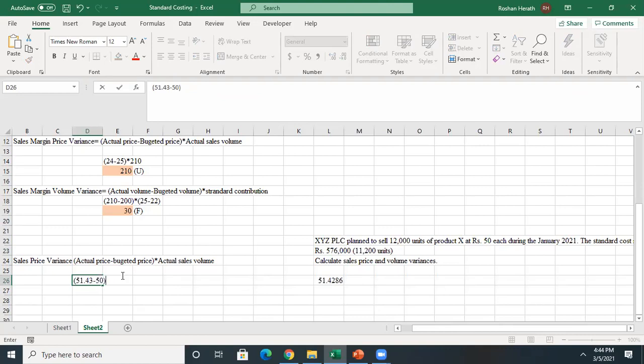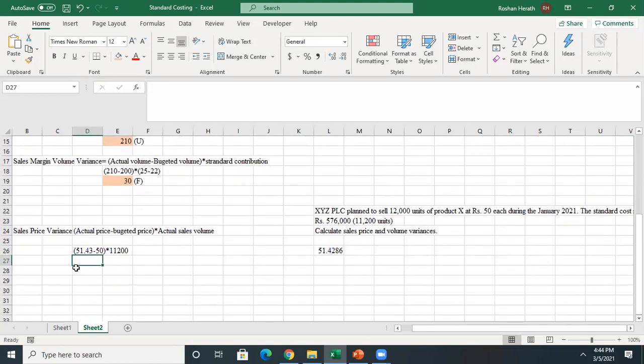That was 50, and that is into the actual sales units, 11,200 units. So there you can see 51.43 minus 50 into 11,200. So it's 16,016.